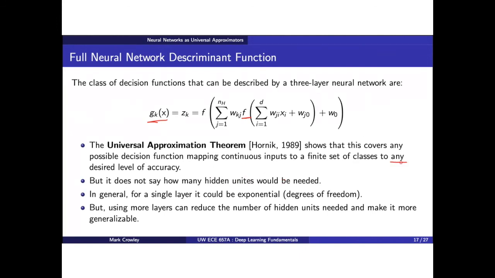So there should be some way to fit this. And this doesn't say with many hidden layers. This is with one hidden layer, a basic neural network with three layers.